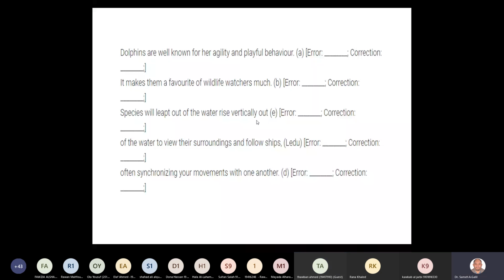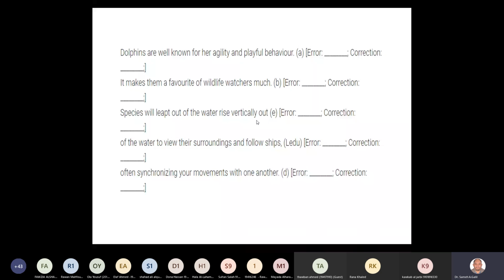So my suggestion would be that we perhaps add "and." So species will leap out of the water and rise vertically out of the water. What do you think of this? I don't know the answer myself, I'm just thinking with you.